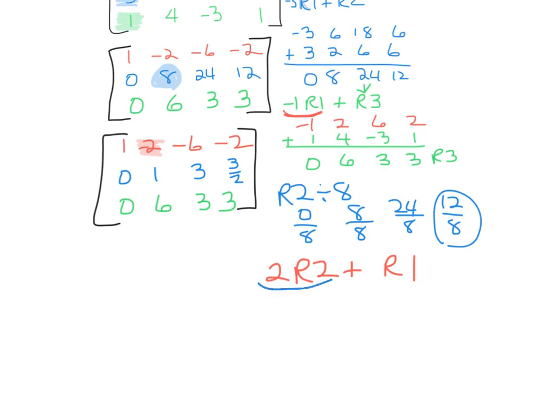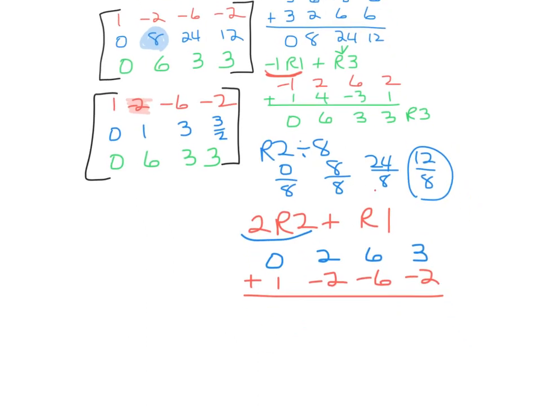So row 2, when I multiply it by 2, I get 0, 2, 6, and 3. My row 1 was 1, -2, -6, -2. So this is now my new row 1, 1, 0, 0, 1. This is my new row 1.